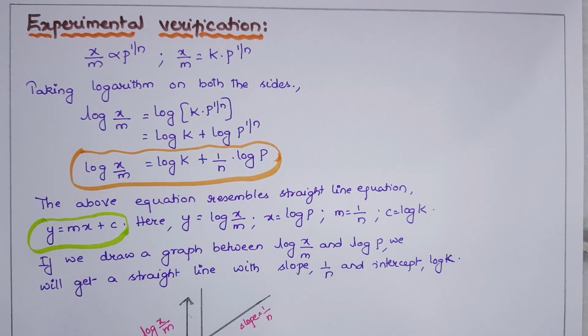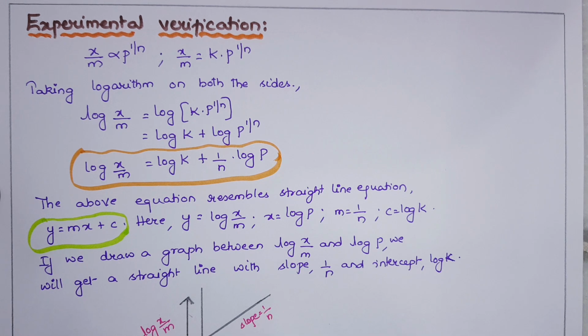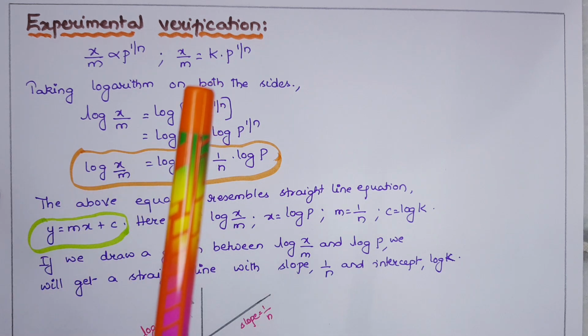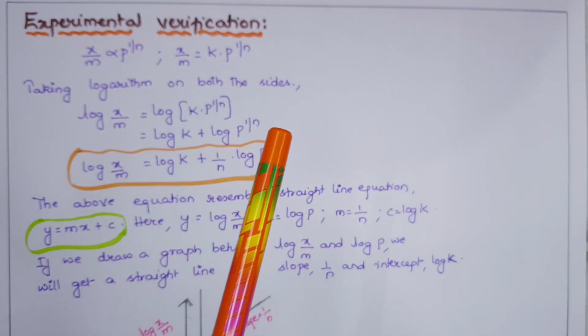Now put the side heading: experimental verification of Freundlich adsorption isotherm. What is the Freundlich adsorption isotherm equation, students? X by m proportional to p power 1 by n. Let us remove the proportionality. You all know a constant comes in. So x by m equals k into p power 1 by n.